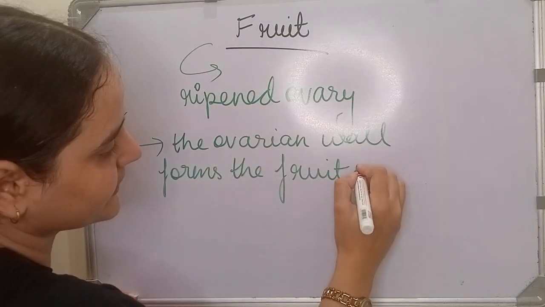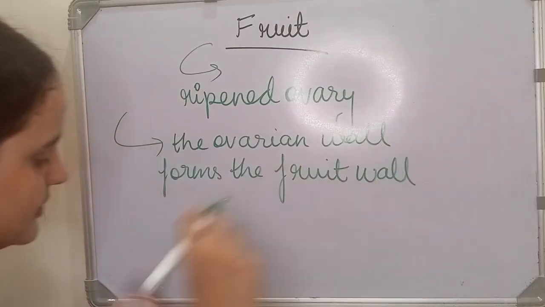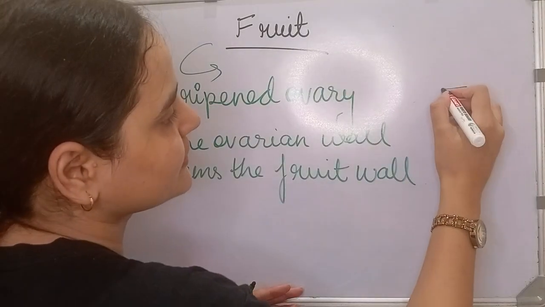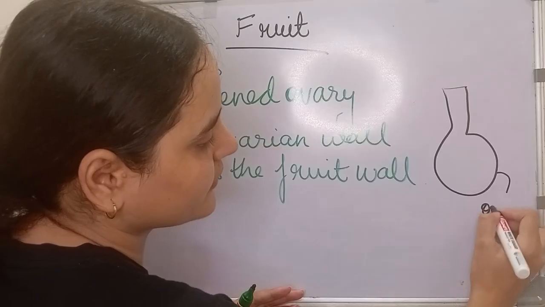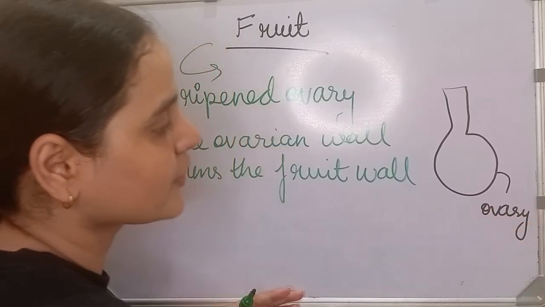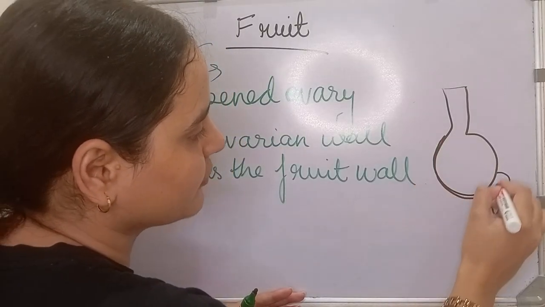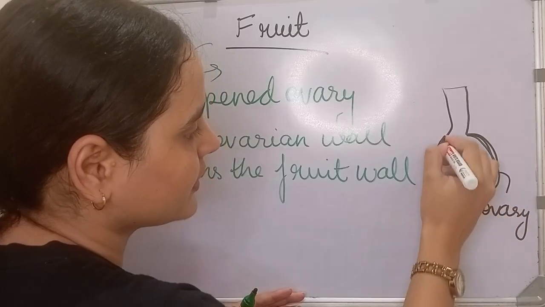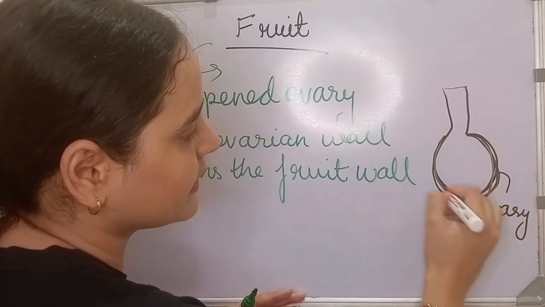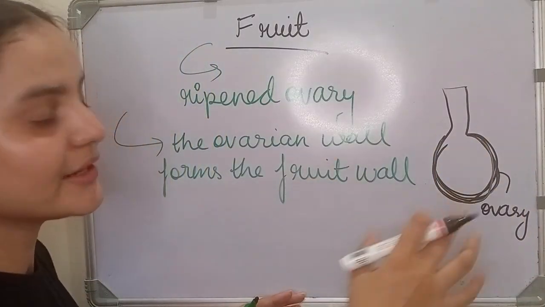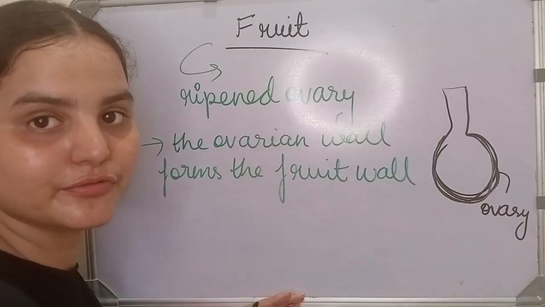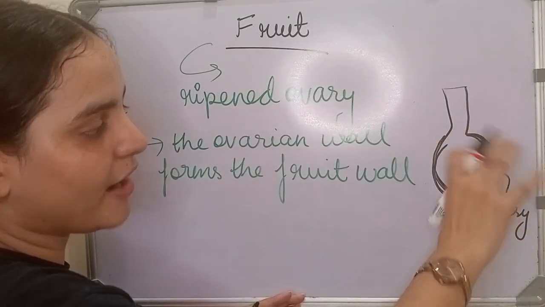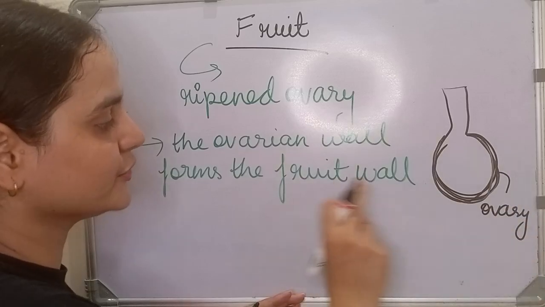What does it mean? See, this was the female reproductive part of a flower and this was the ovary. So its outer wall, this ovarian wall, will develop into fruit wall after fertilization, because this ovary will convert into fruit and its outer ovarian wall will convert into fruit wall.